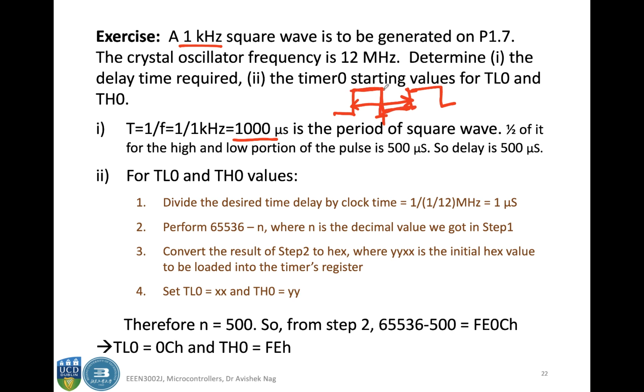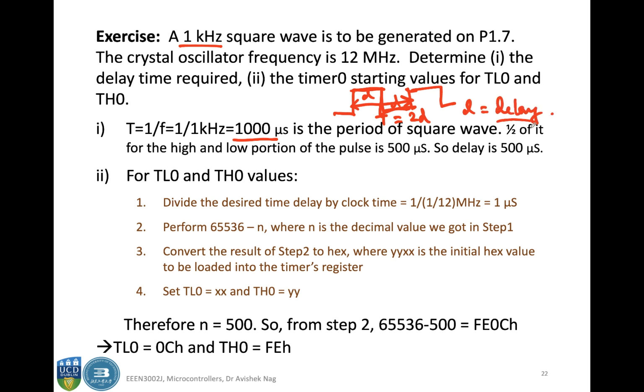Okay, so that is the period of the square wave, and the square wave is made of these two parts. So it stays in high for one particular delay, and then it stays in low for the same amount of delay. Okay, so basically your t is equal to twice d, where d is your delay.